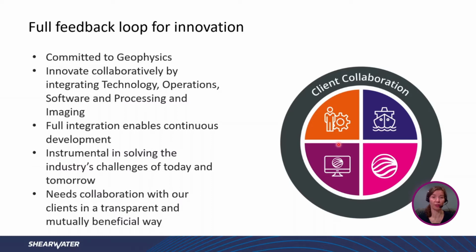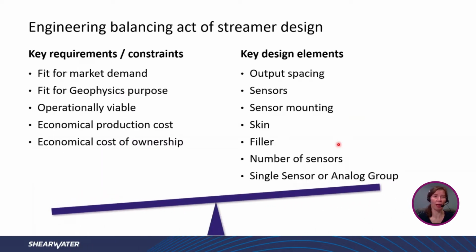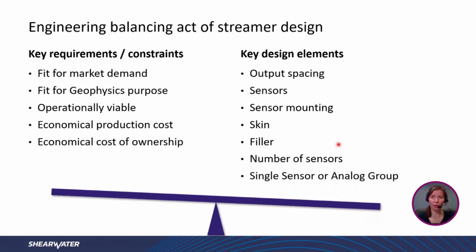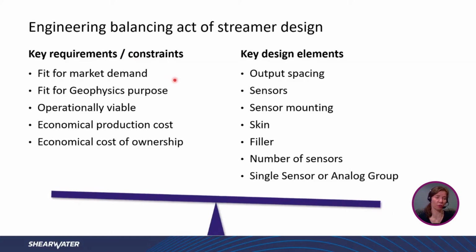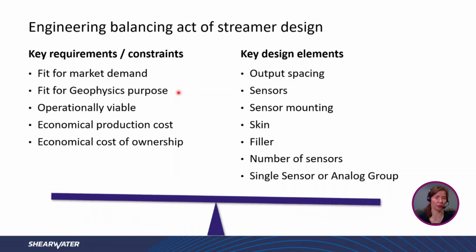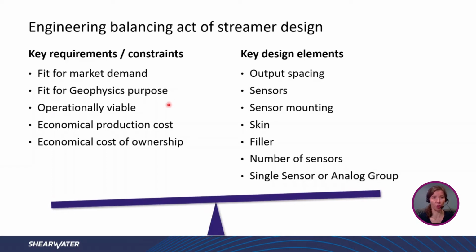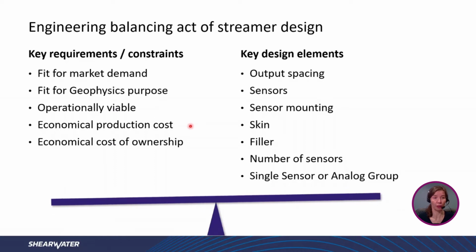That also applies to designing a multi-component streamer, which is an engineering balancing act. On one side, one has the key requirements and constraints. It needs to be fit for market demand. It needs to be fit for geophysical purposes. It needs to be operationally viable and have a good economical production cost and also maintain an economical cost of ownership.